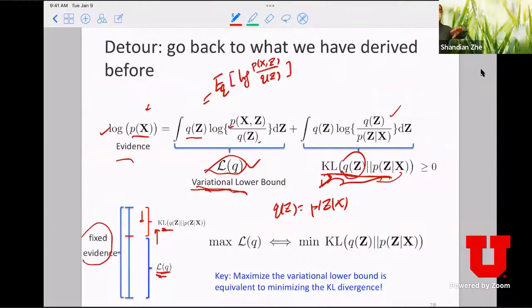But there are a lot of tricks about how to smartly define the range of the approximation family and how to smartly optimize this variational lower bound. Nearly each new variational learning algorithm is just about how to play these tricks, like how to define Q(z) and how to efficiently maximize this lower bound.